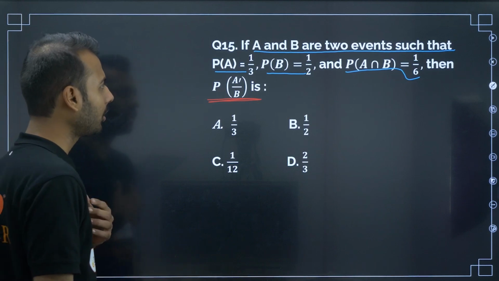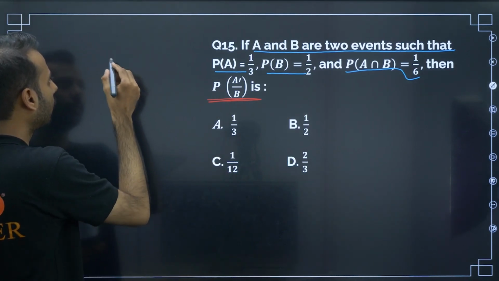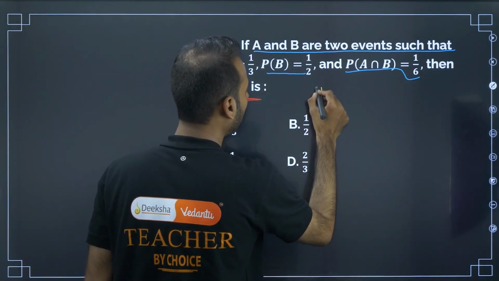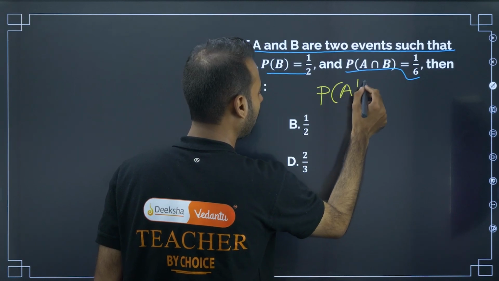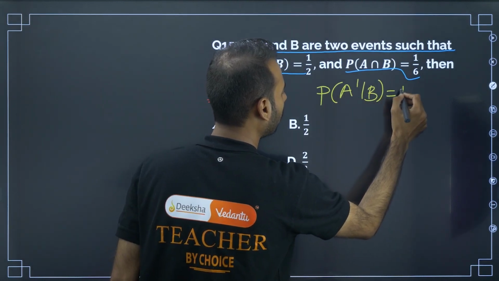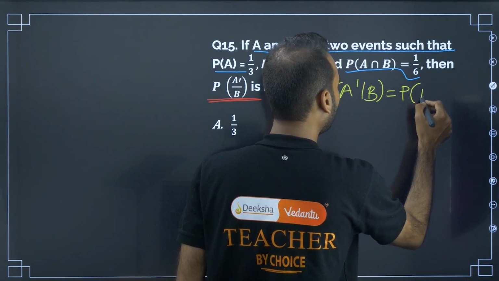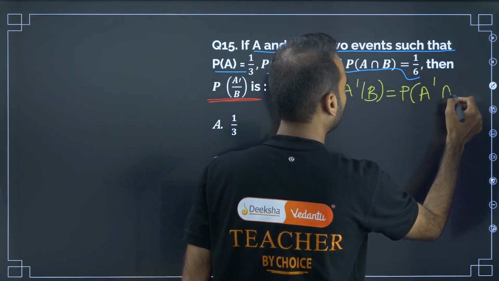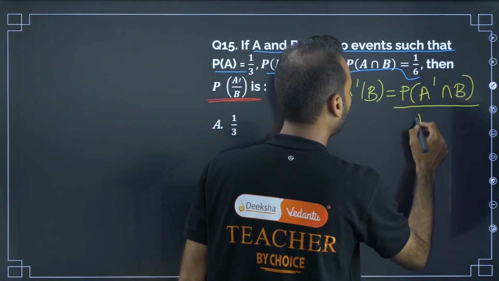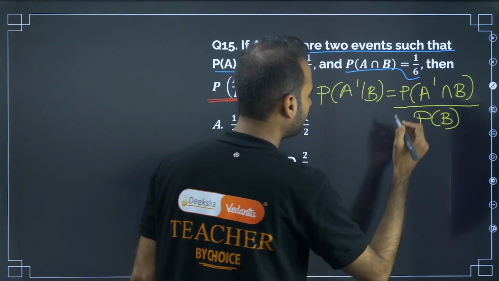How to approach this? What is the formula to find probability of A dash given B? It is probability of A dash intersection B divided by probability of B.